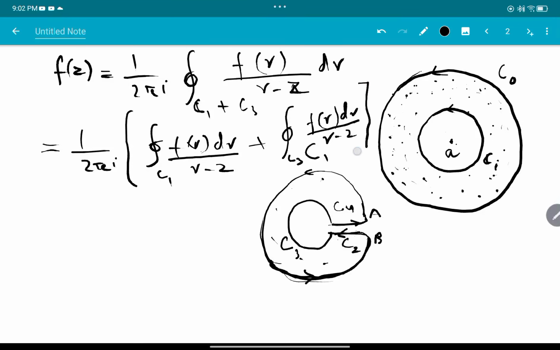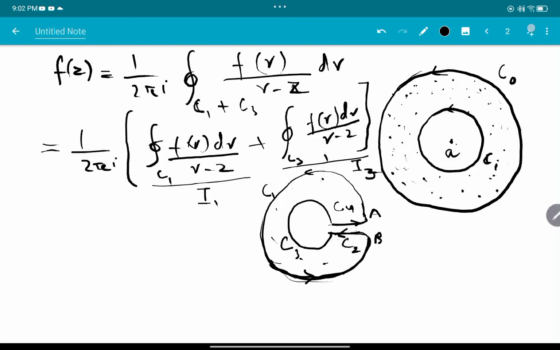Let me first evaluate this integral. Let me call it I1, and this one I3, since this is C3. To calculate I1, I will go to the next page. I will keep this 1 by 2 pi i here.